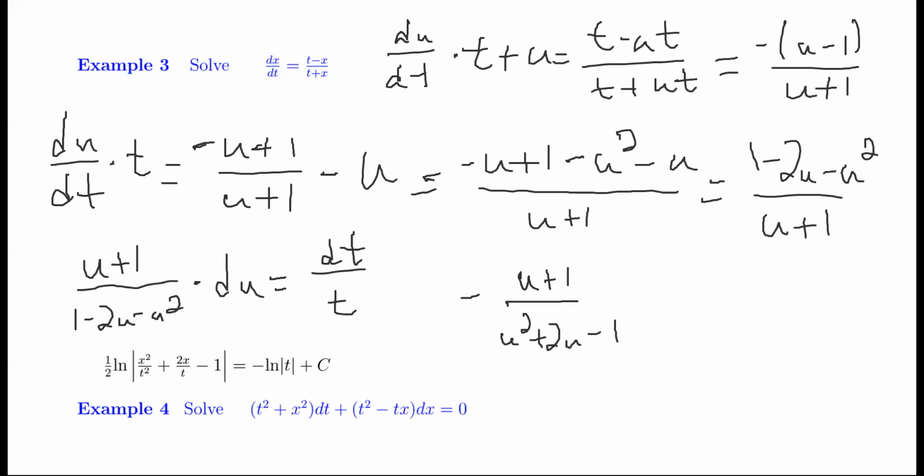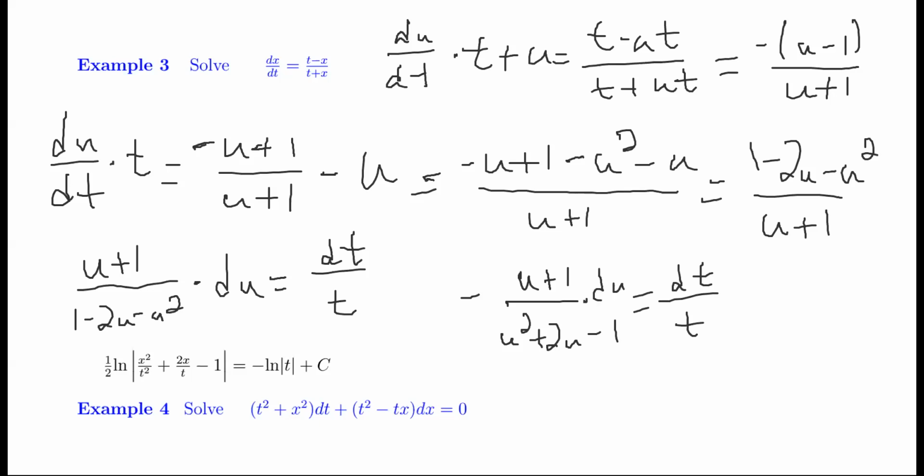Again, I just factored a negative out of that denominator. And of course, this is equal to dt over t. Now, if you recall our method for solving these separable differential equations, we need to integrate both sides. And I left off a du there. Sorry, this is times du.